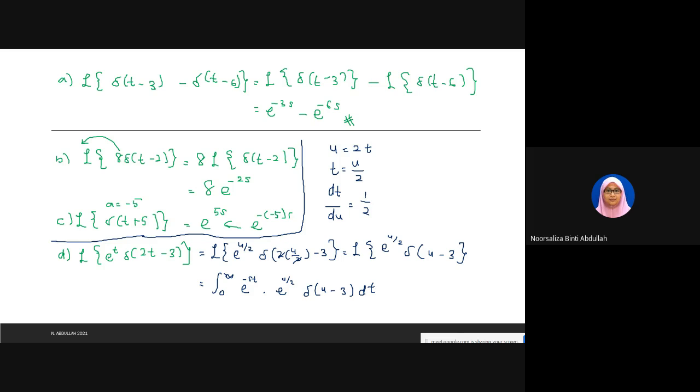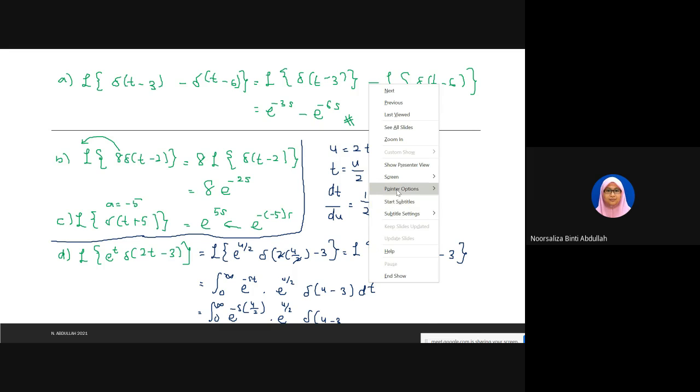Then this t we replace using the substitution. So this will be the integral from 0 to infinity of e^(minus s times u over 2) times e^(u/2) delta(u minus 3).